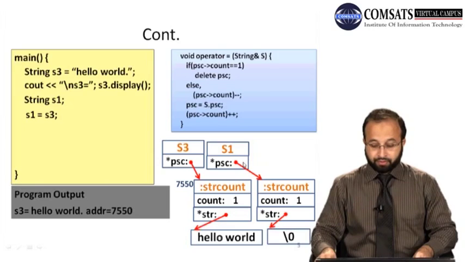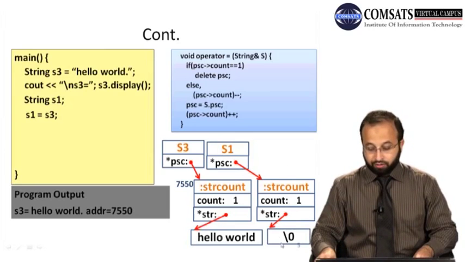So it will check if the value of the count is 1, then this means that s1 is the only object that is pointing to this null string, right? So before assigning a new value to s1, we have to delete this str count and this string, right?